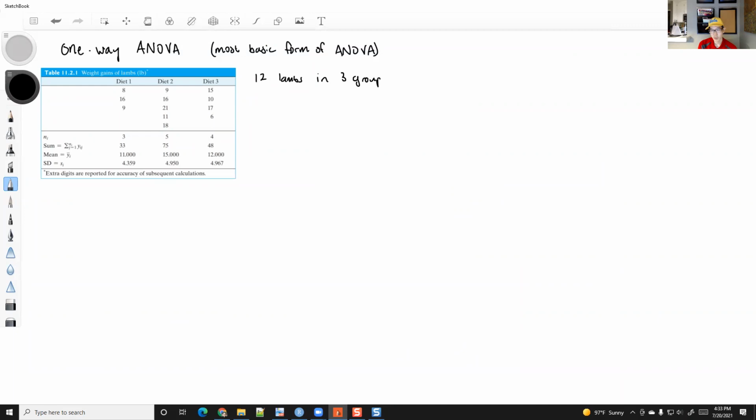We give each of the groups a different diet, and we're going to measure how much weight each lamb gains, okay? And the question is, do the different diets cause different amounts of weight gain?